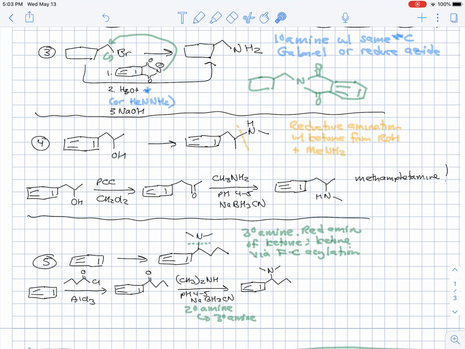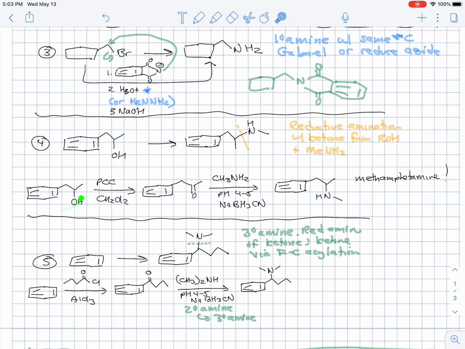And so what we can do here is this reductive amination. Here's the new bond that we have to make. And so this is a secondary amine from methylamine. So we'll need methylamine in our reductive amination. But in order to do the reductive amination, we don't need an OH here, we need a carbonyl.